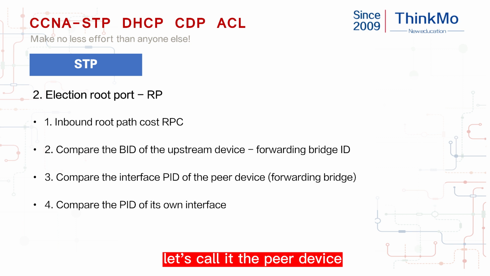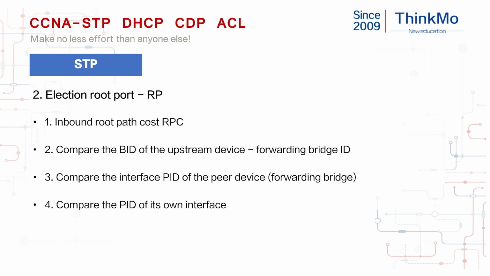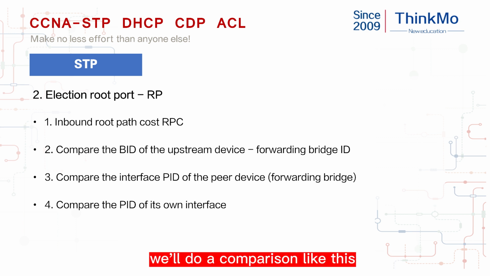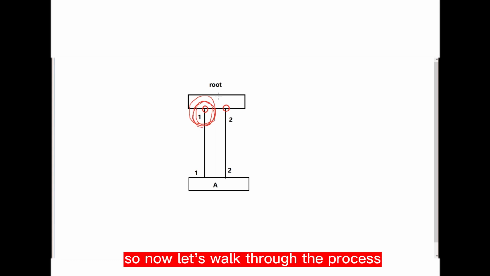Let's call it the peer device, because in this case, it must be the device on the opposite side. We'll do a comparison like this. Also, the smaller the better. So in this picture, we definitely chose it. Now let's walk through the process.